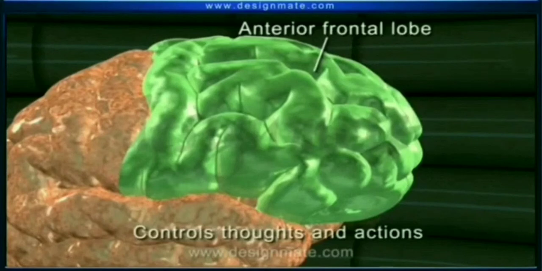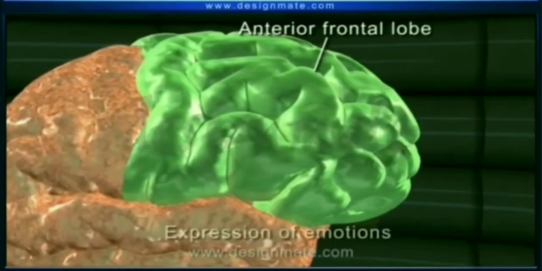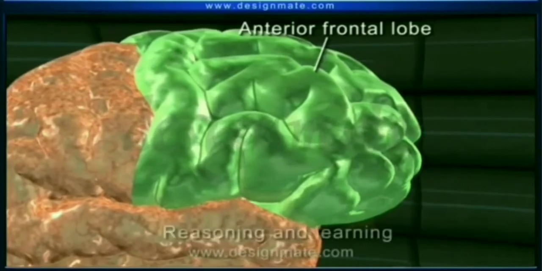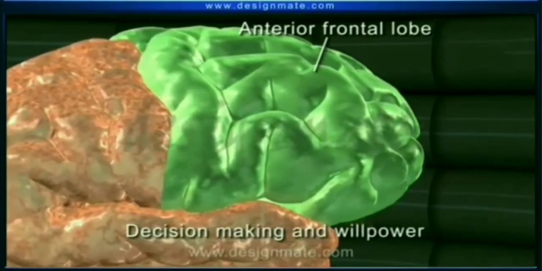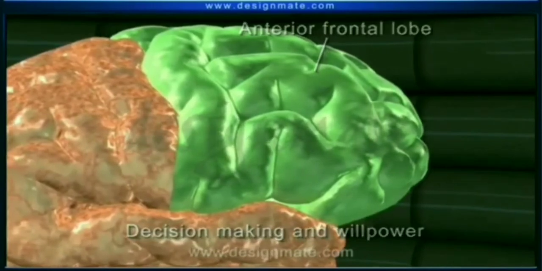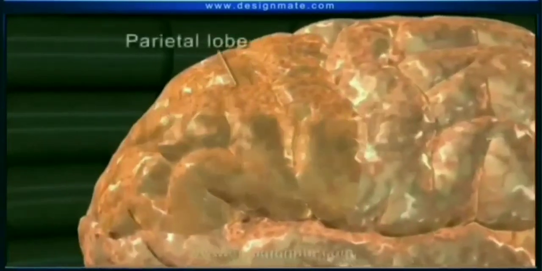It contains the association area, which is for coordination between sensation and movements. It also contains Broca's area or motor speech area that translates the thoughts into speech. Expression of emotions, intelligence, willpower, memory, personality areas, etc. are located in the frontal lobe.